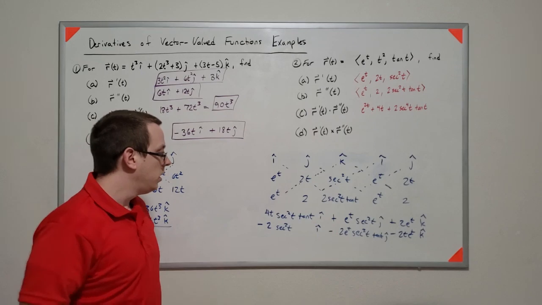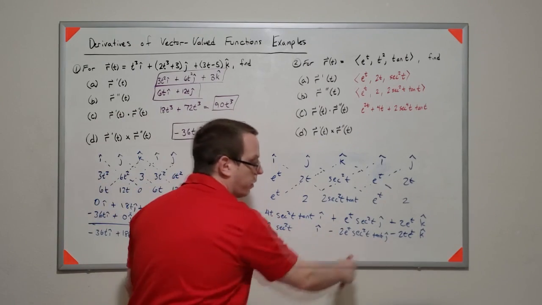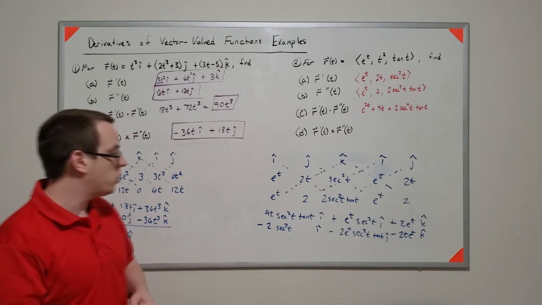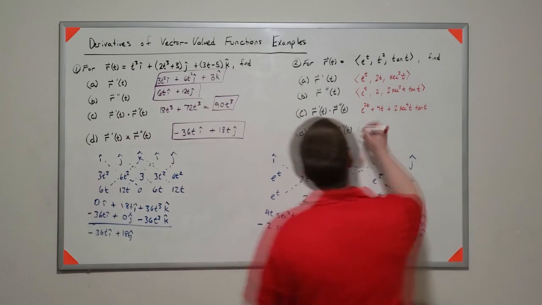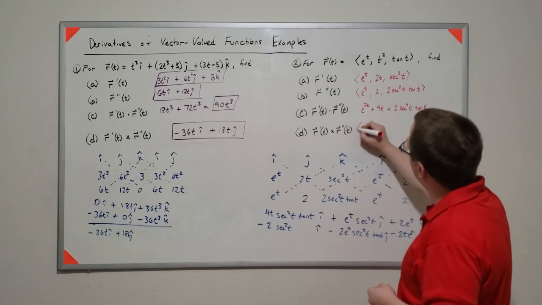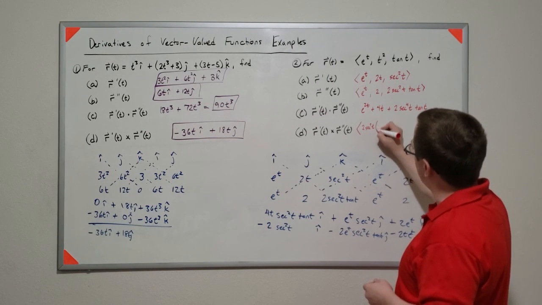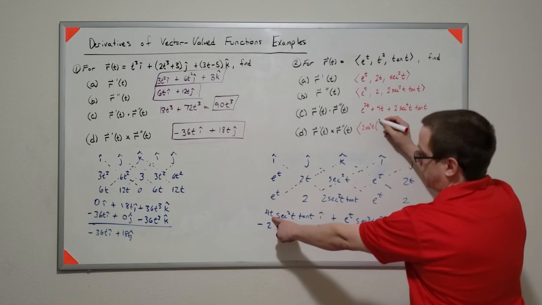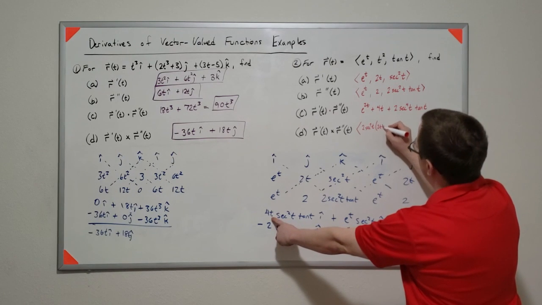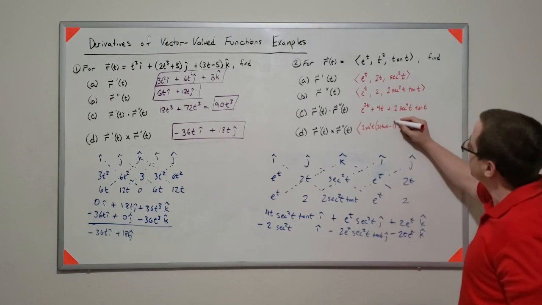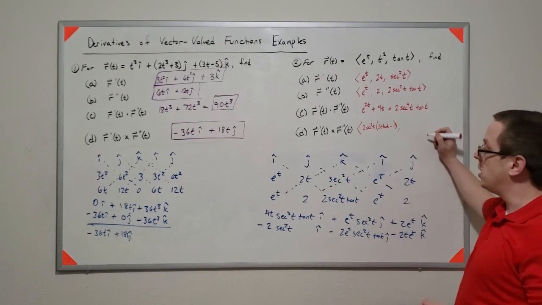Now let's do a little bit of combining like terms. So we see we have a 2 and a secant squared t in common there. So we're going to have 2 secant squared t times (2t tangent t minus 1). So that's your first element.